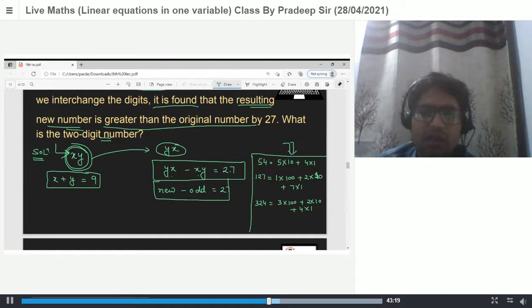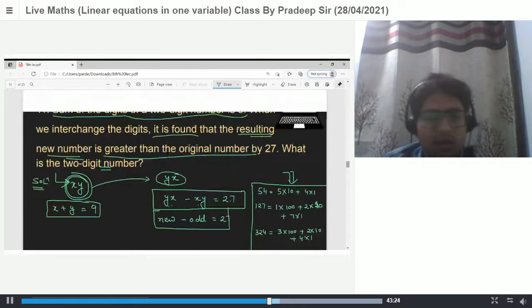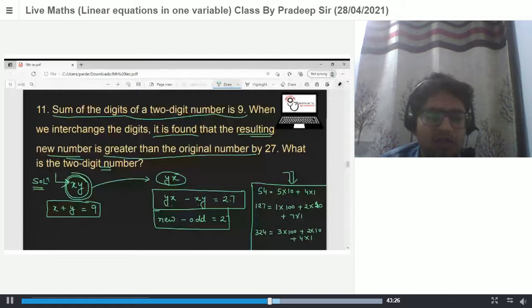So now you understood the question. What is the question? We have a two-digit number xy, the sum of its digits is 9, and if we interchange the digits, we get a new number. The new number is greater than the original by 27. So we have to find the original number. Got the question? Yes, sir. Okay, so I'm giving you 4 minutes to solve this question.